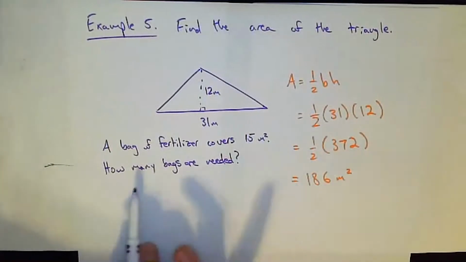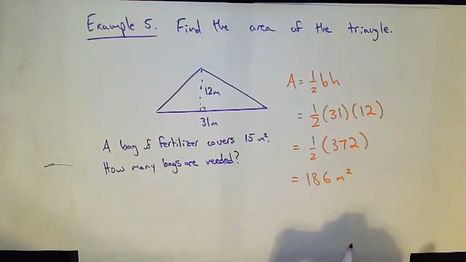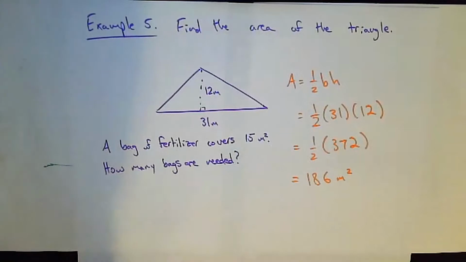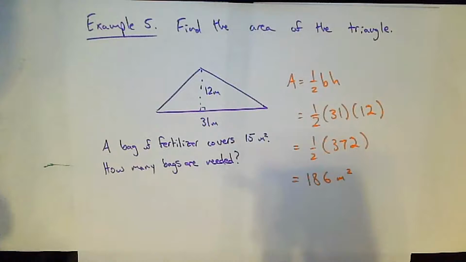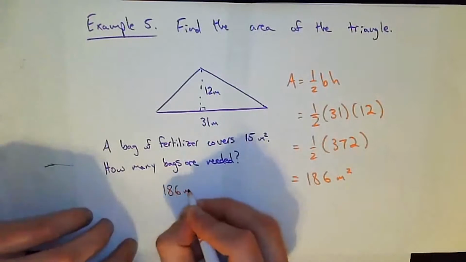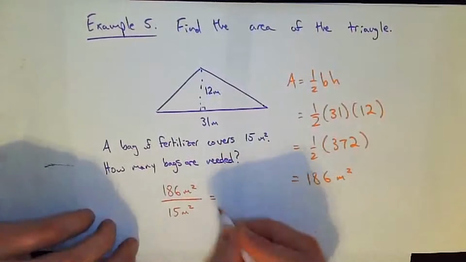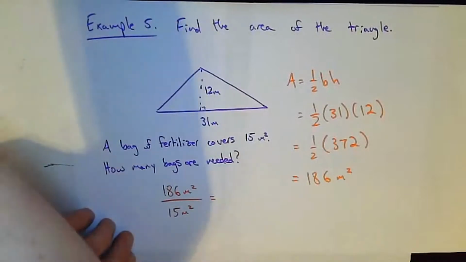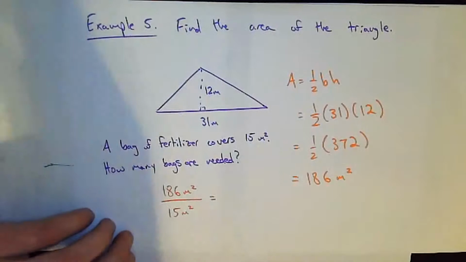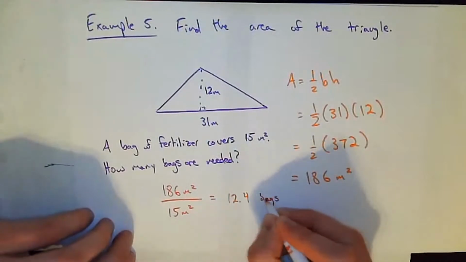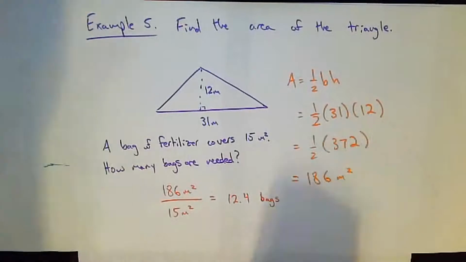Okay, so how do we figure out how many bags are needed? How many bags of fertilizer if one bag covers 15 meters squared, and we have 186 meters squared to cover? We divide, right? We divide that total, 186 meters squared, by 15 meters squared. That'll give us the number of bags needed. 12.4 bags.